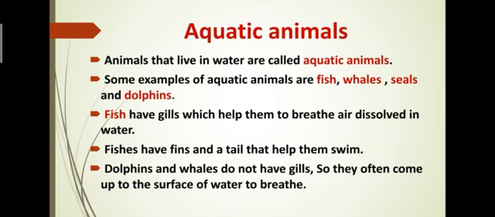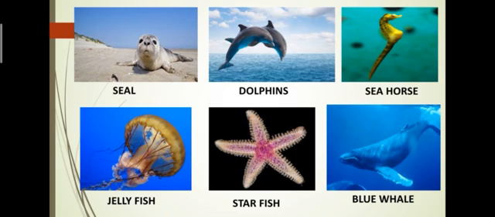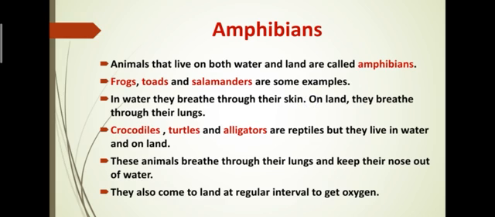The dolphin and the whales are mammals, and they don't have gills, so they come up to the surface of water to breathe. Seal, dolphin, seahorse, jellyfish, starfish, blue whale are some examples of aquatic animals.